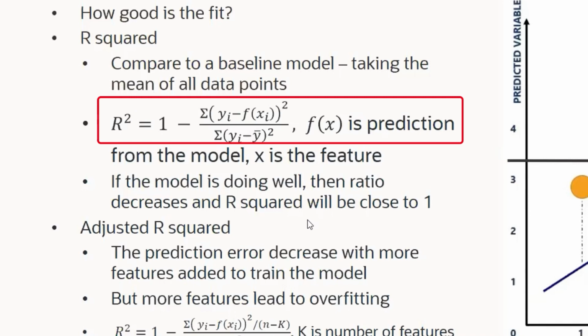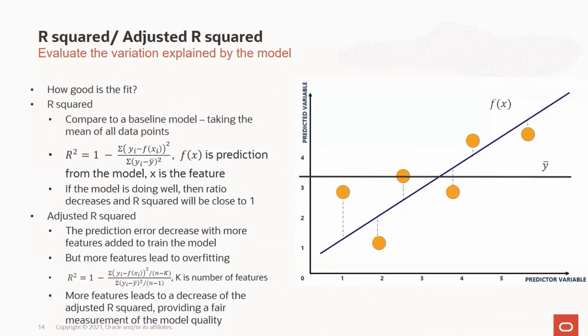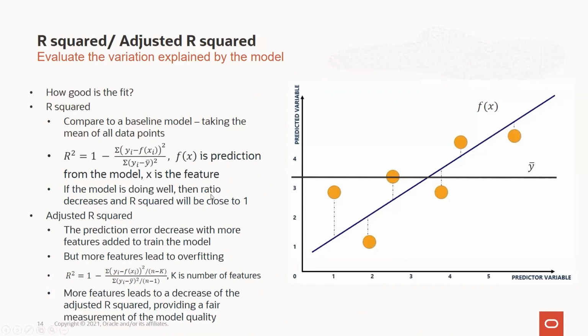But then the one problem is that we know the prediction error always decreases when you have more features added to train the model. So if you want to boost the R squared, you just keep adding features to make the R squared look better. But that's not a good practice, because that will lead to overfitting.